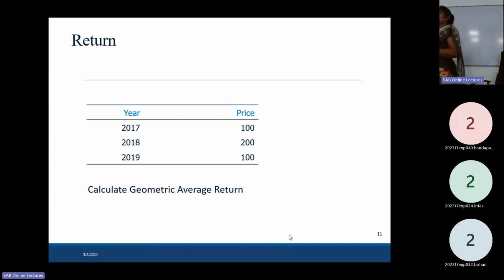Using this price information, if I ask you to calculate the holding period return, what is the answer? Using the formula we previously discussed, you can estimate it. In 2017, you invest 100 rupees in this company's shares. In 2019, at the end of the holding period of 3 years, we end up with the investment again at 100 rupees. No dividend income, no dividend yield. Only price changes you can consider.